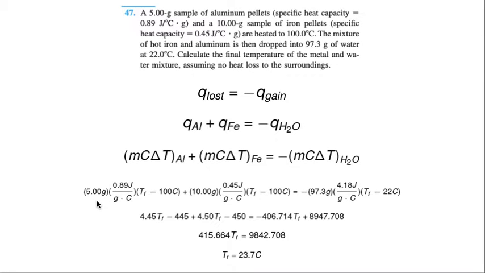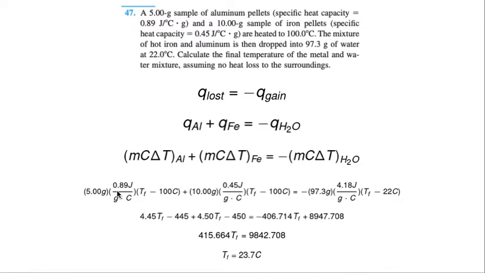So we have the mass of the aluminum, the heat capacity of the aluminum, and the initial temperature of the aluminum, as well as the mass of the iron, the heat capacity of the iron, and the initial temperature of the iron, as well as the mass of the water, the heat capacity of the water, which is assumed that you know, and the initial temperature of the water.